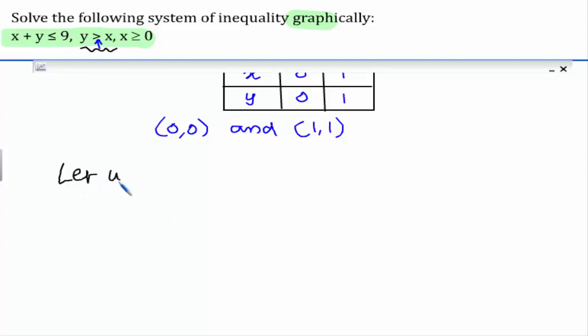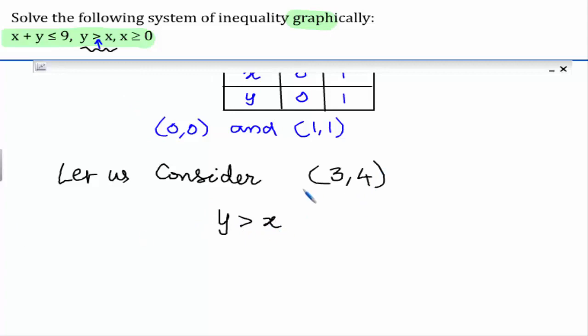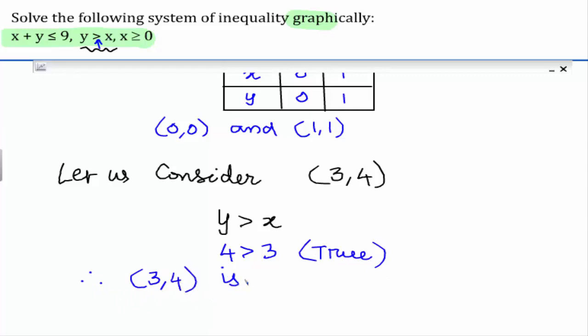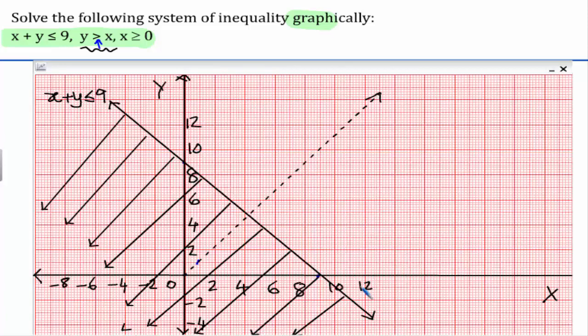Let us consider any point, which is (3, 4), and the given inequality is y greater than x. So if we substitute the values, here we get 4 greater than 3, which is a true statement. So therefore (3, 4) is in the region. So that means we have to draw the lines towards (3, 4). (3, 4) will be here.